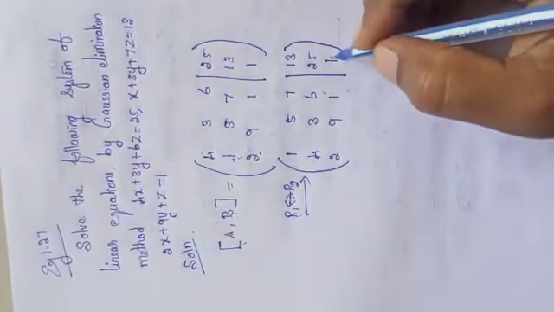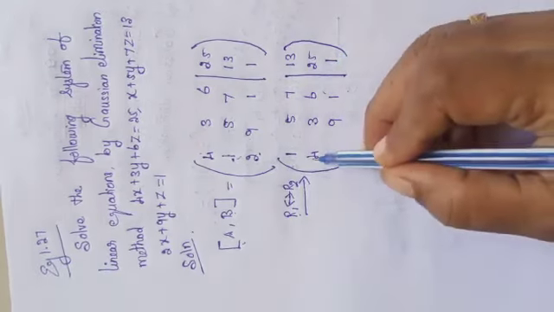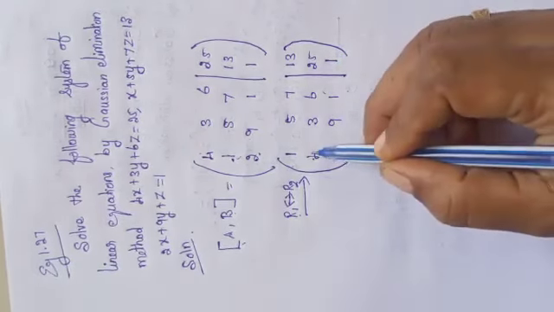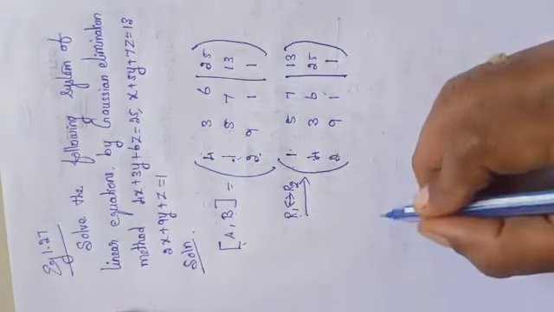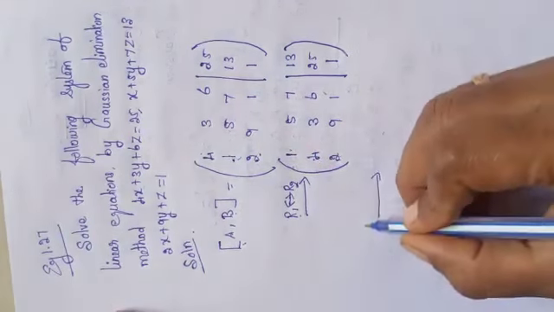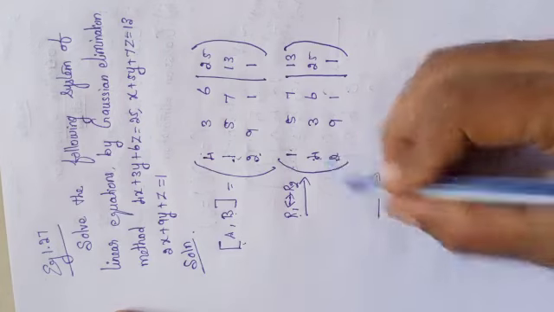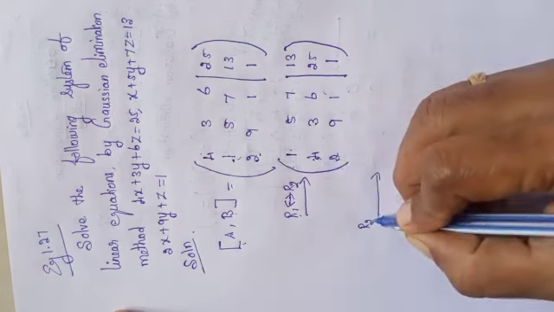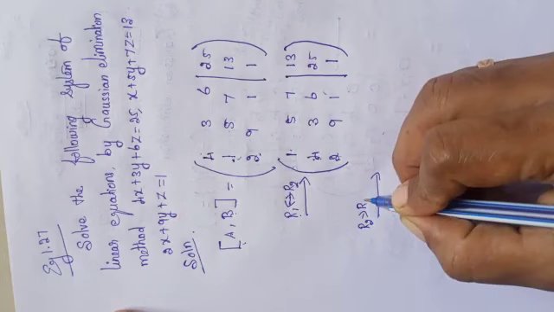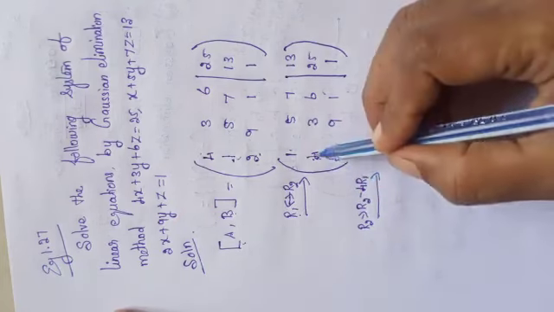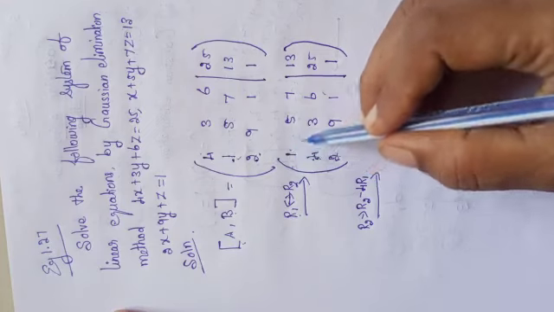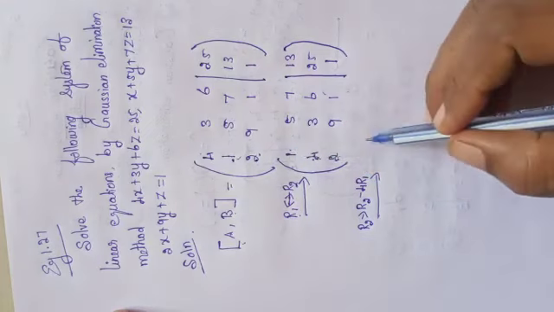Now, we have to bring these two values as 0. So, this 4 minus 4 means we will get 0, isn't it? So, this R2 I am going to change. R2 is going to change as R2 minus 4 into R1. So, 4 minus 4 into 1 is 4.